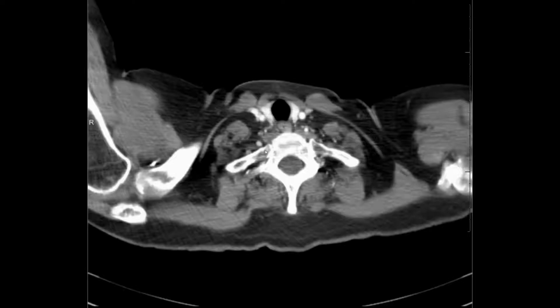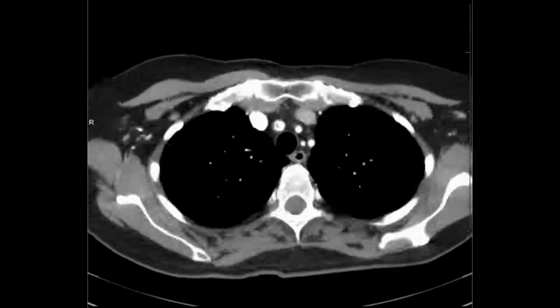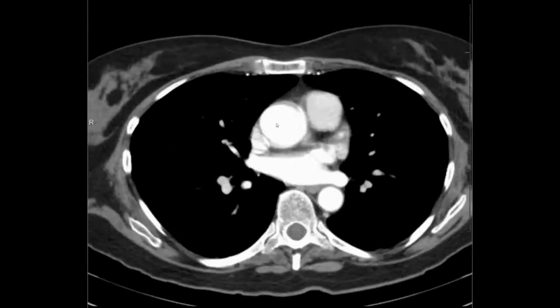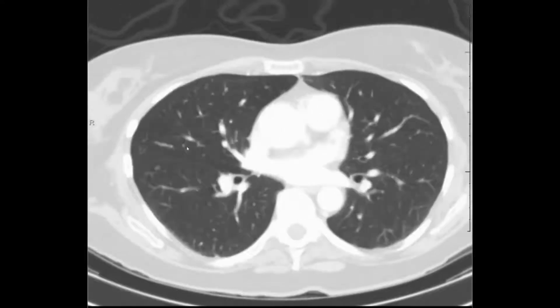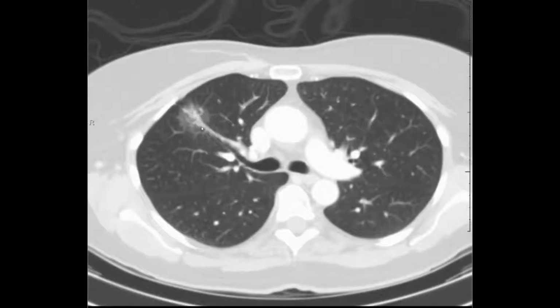Okay, so this is our first case of lung adenocarcinoma. I chose this one not necessarily because of metastatic disease or discussing it, but just the appearance of it is really a great case. This is a woman in her late 30s, and what you see here as we come up is this pretty large ground glass opacity measuring 2.6 centimeters.